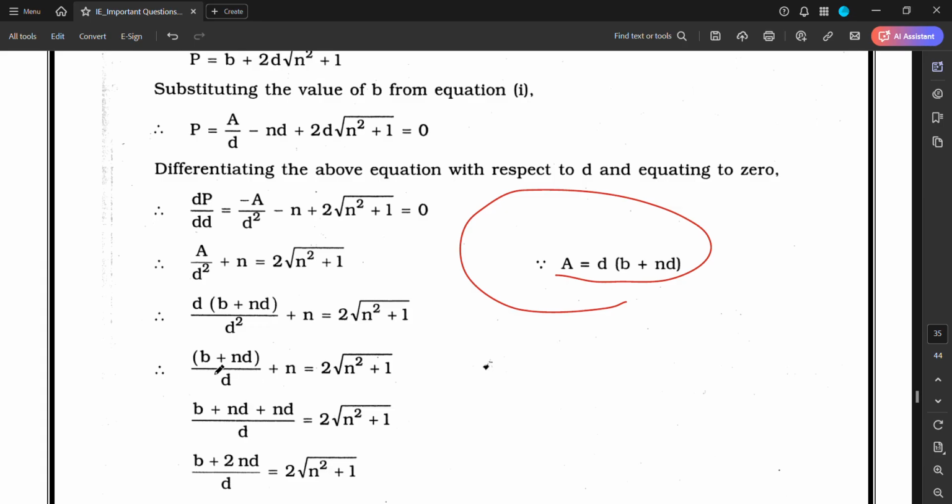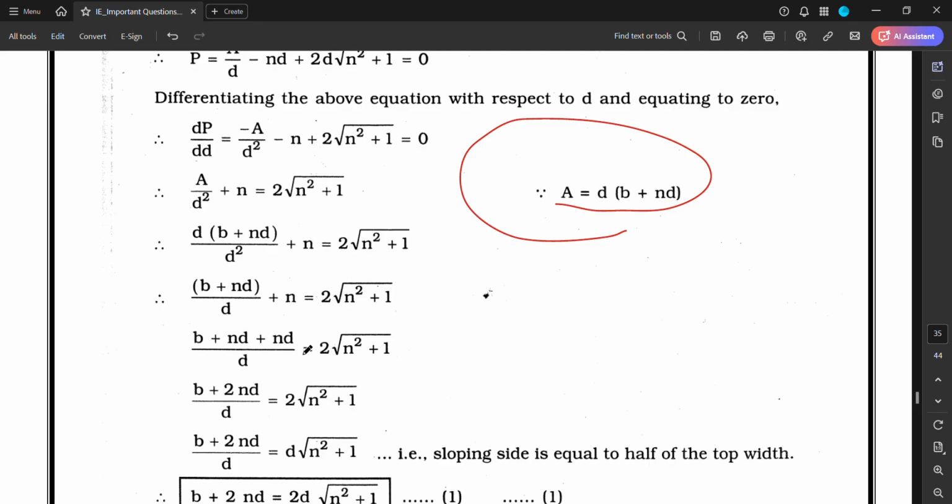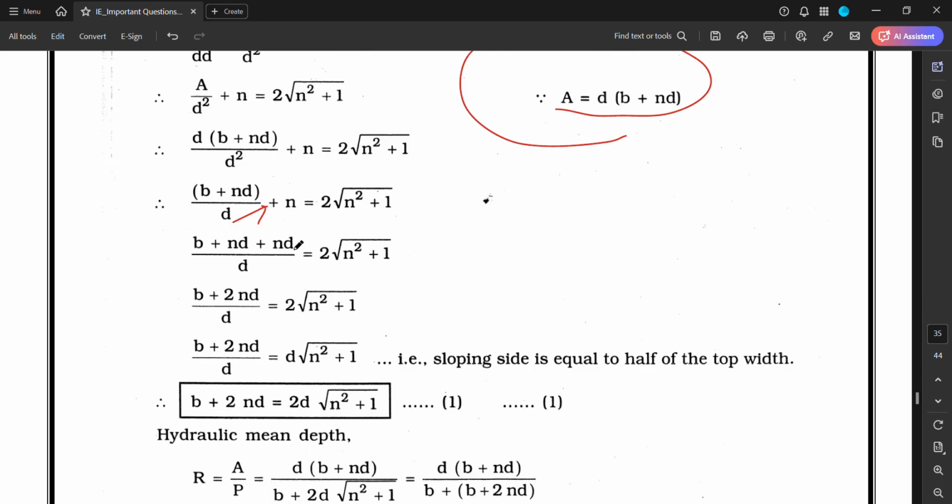So B plus nD plus nD, that is, B plus 2nD by D, is equal to 2 under root n square plus 1.